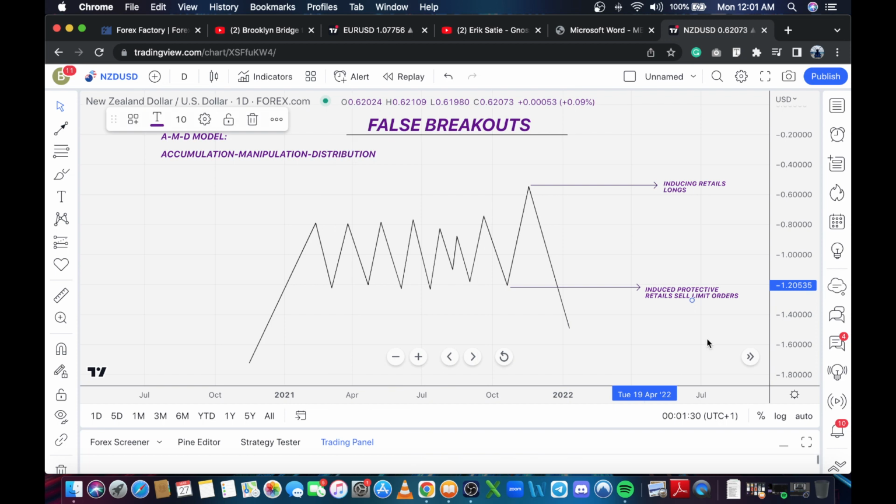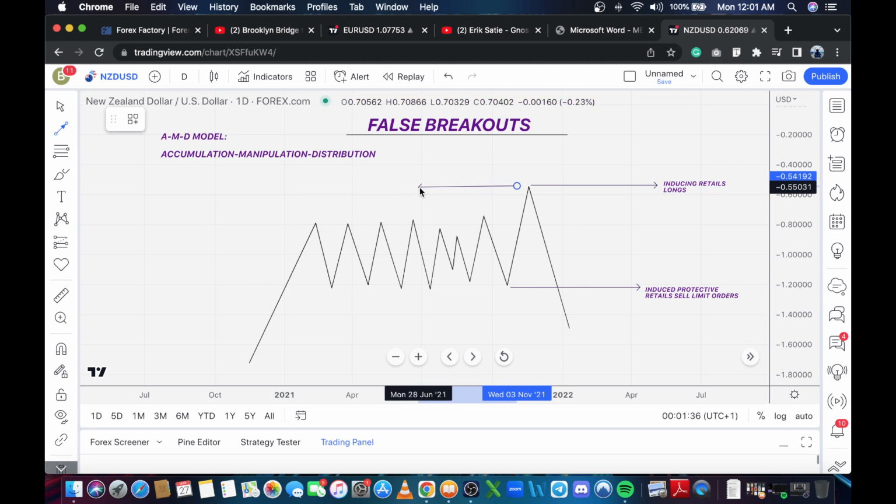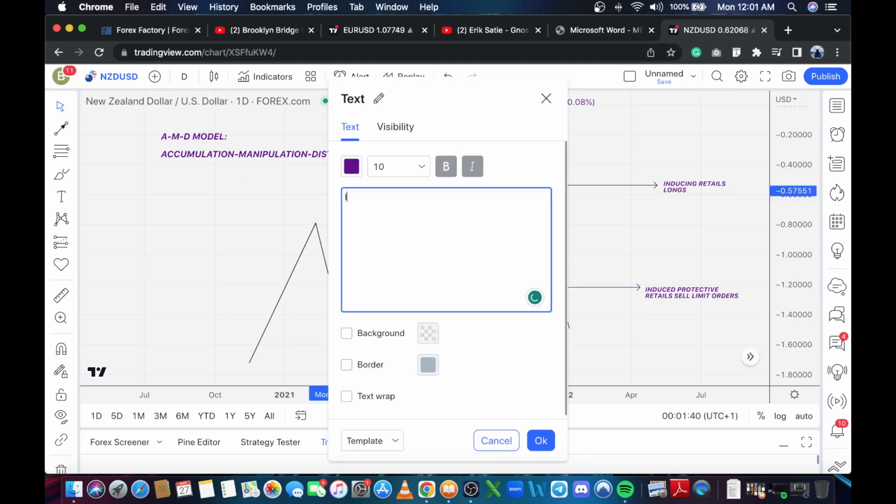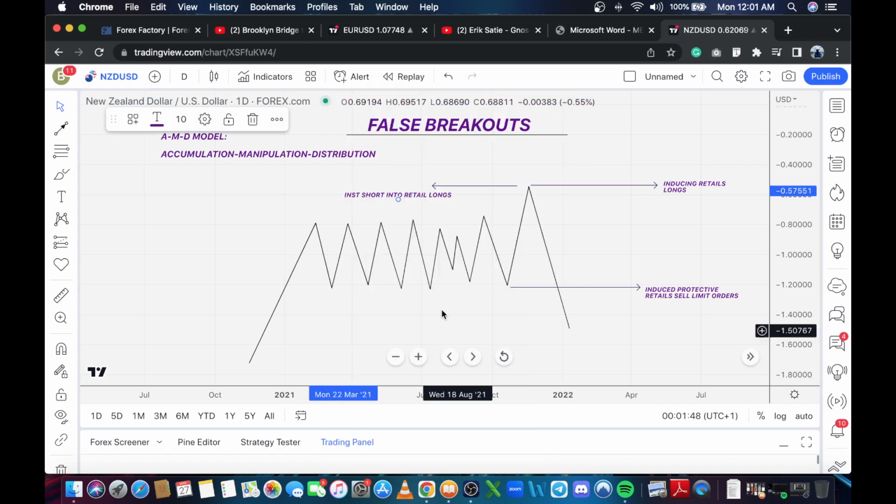And then institutions here act as counterpart of liquidity. Institutions short into retail longs. Again, I want you to view this in terms of you're an institution.